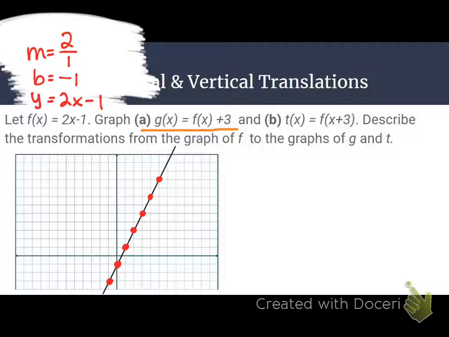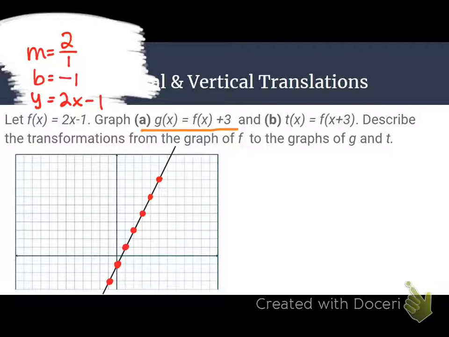Outside the parentheses, we move vertically. So if I'm moving vertically, am I going up or down? Up, because it was adding 3. So from my parent function, I can take each one of these points that I made and go up 3 and put new points to graph this function. That's what it means to translate.